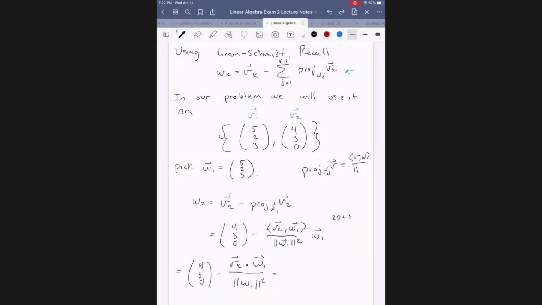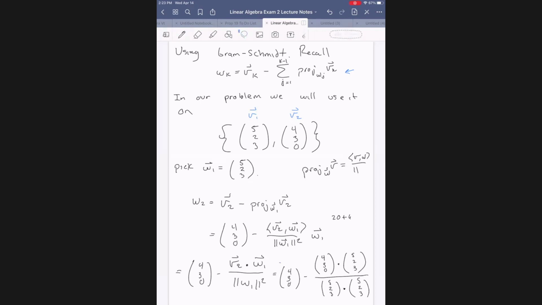Okay, so we're gonna have 430 minus the dot product between V2, which is 430, dotted with 523, divided by W1, which was 523, dotted with 523, right? So take the dot product.